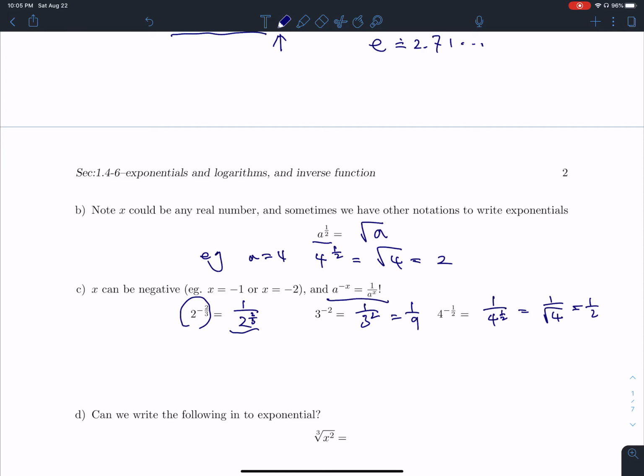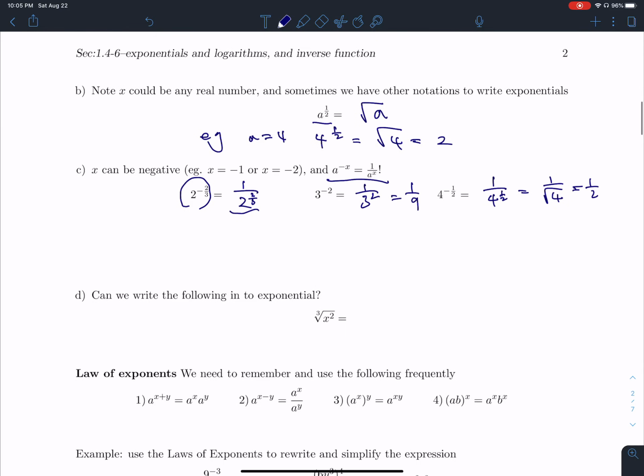All right, so this is interesting. Can we rewrite this into the exponential form? Well, obviously. What this really is, the 3 over there is just the cubic root, right? So it's x squared to the power 1/3.